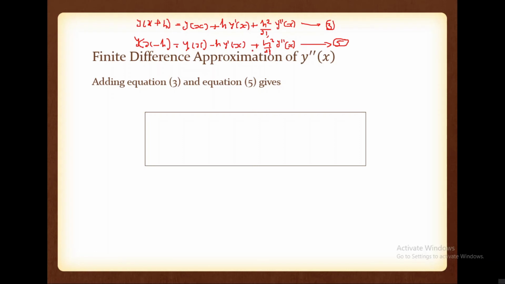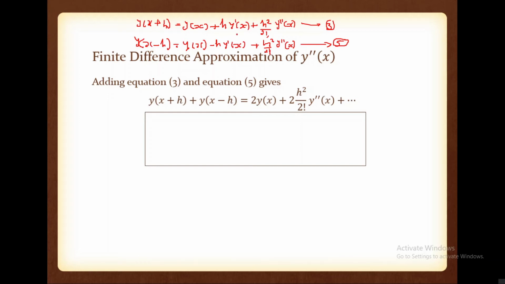So now take the average of these two. So not average, add these two equations up to second order term. Add equation number 3 and equation number 5 up to second order term. So what we have? If you are adding these two, then on the left hand side we have y of x plus h plus y of x minus h, and on the right hand side we have 2y of x.